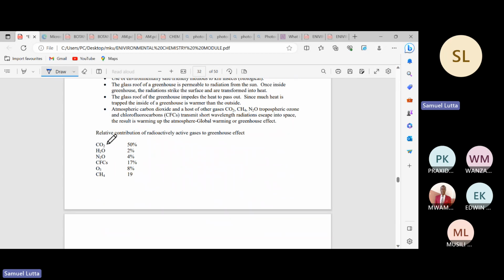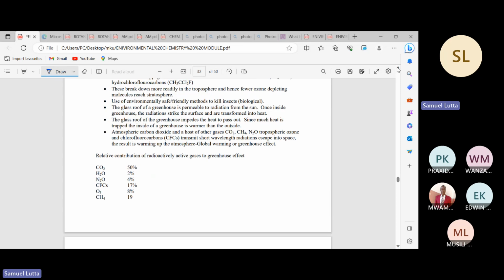And what is being said here is that they are trying to bring about the effect of what we call global warming. Some of these gases present in the atmosphere allow the radiation from the sun to strike the surface, and after striking the surface, it is normally reflected back.